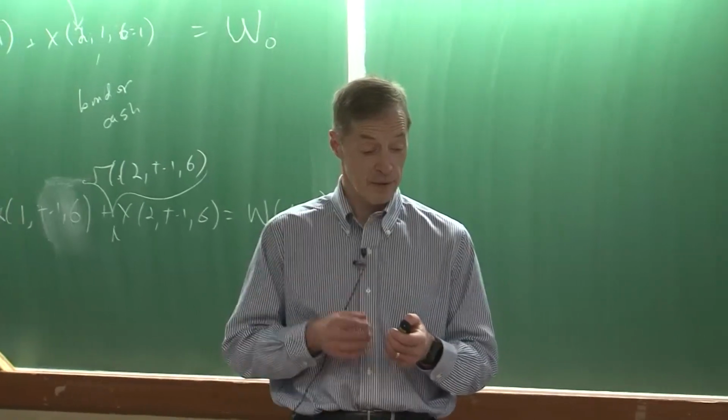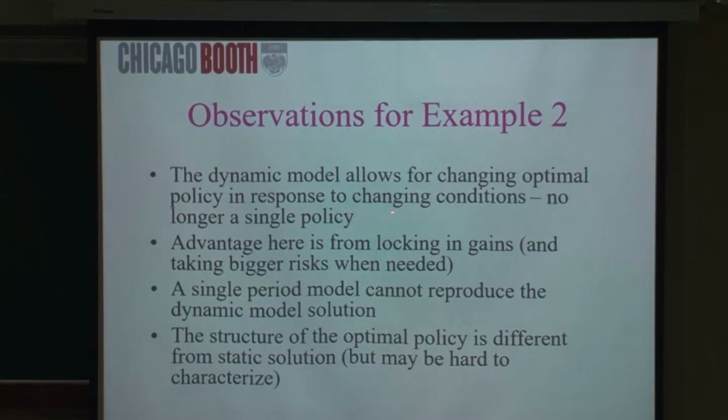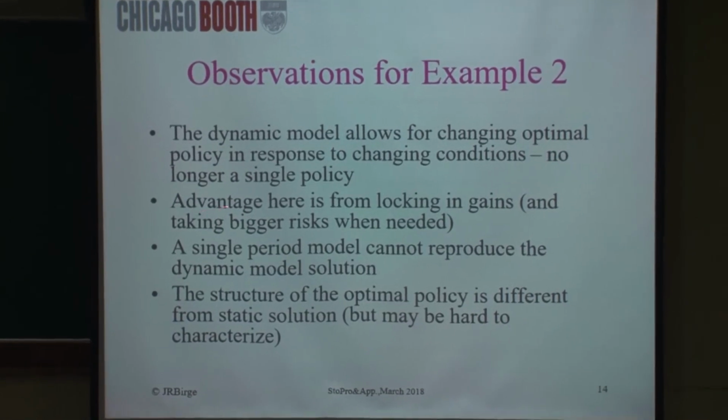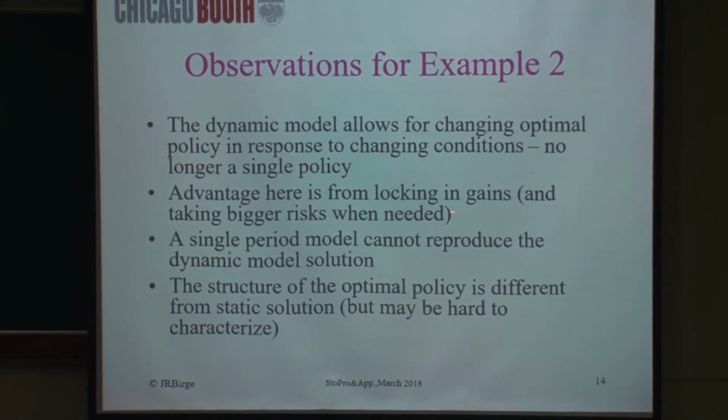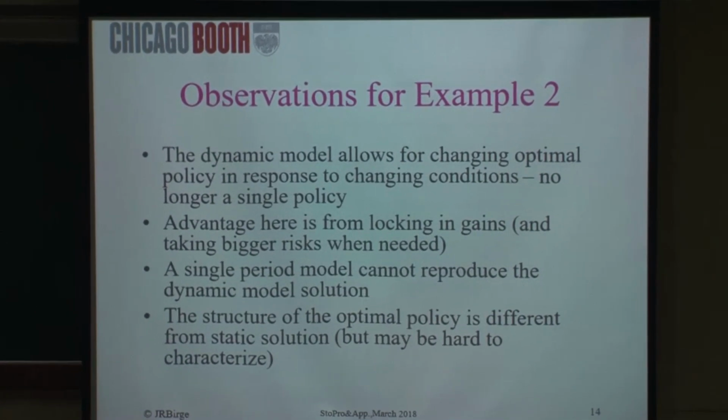Okay, so in this model, the dynamic model allows for changing the policy to changing conditions. You're able to lock in your gains. No single period model can reproduce that.